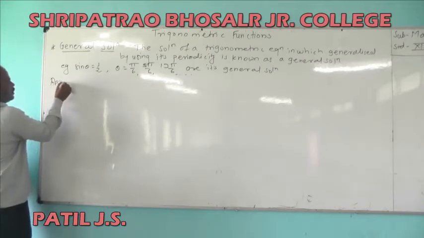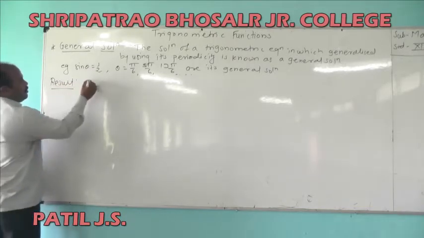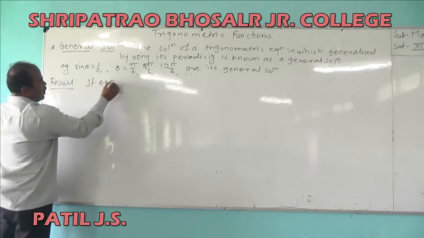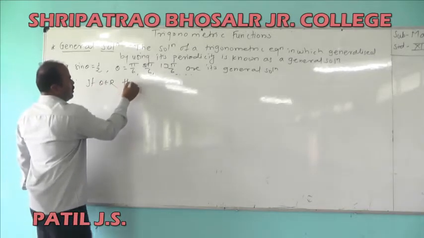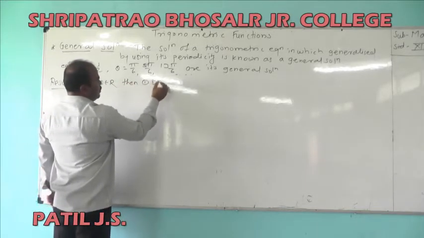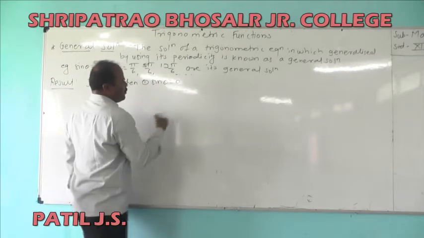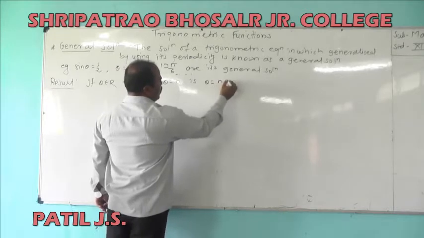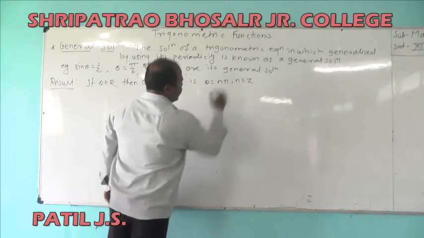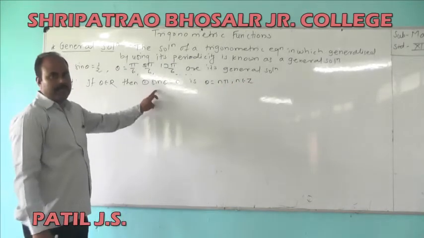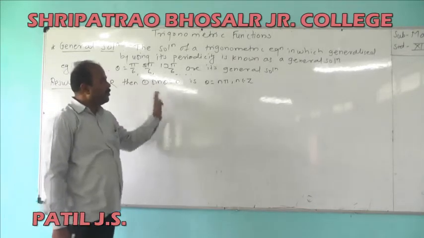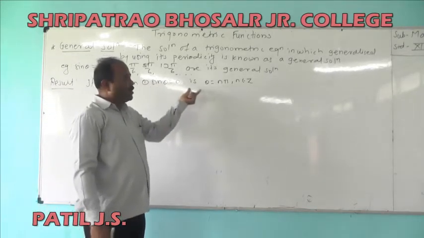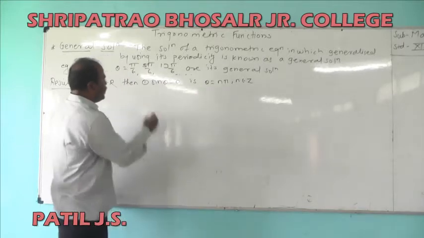Next result: if theta belongs to R, then first, sin theta is equal to 0 gives theta is equal to n pi, where n belongs to Z. That means the general solution is theta is equal to n pi.